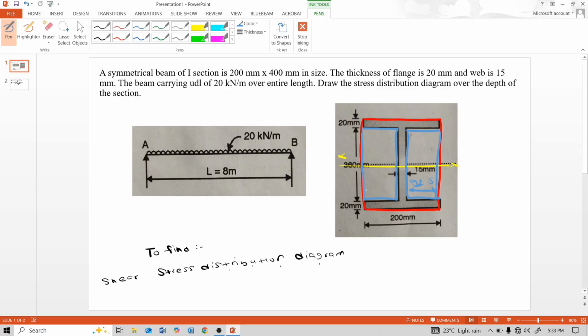This rectangle width is 92.5 and the other is also 92.5, and the depth of the blue rectangle is 360 mm.